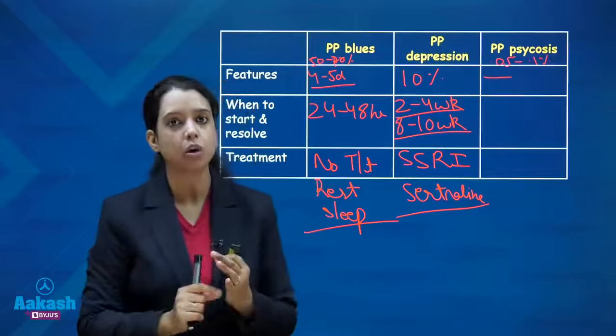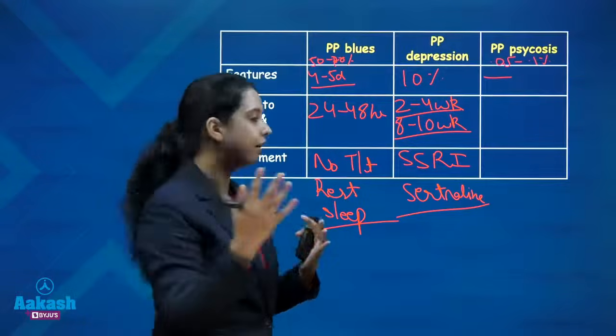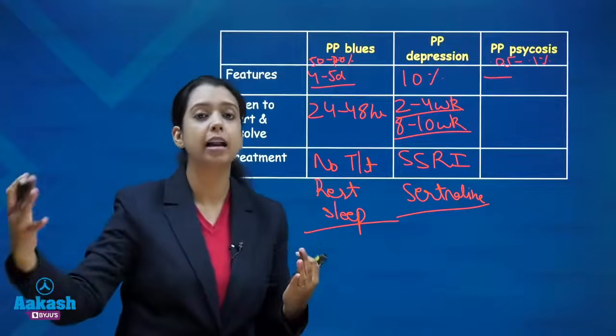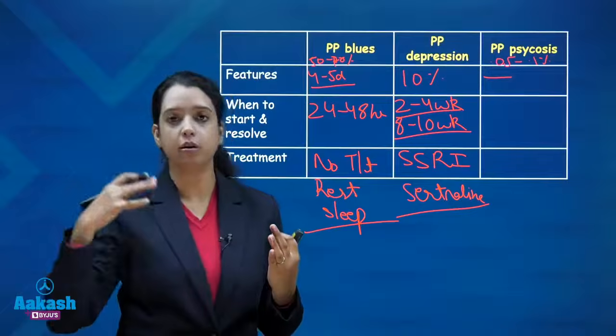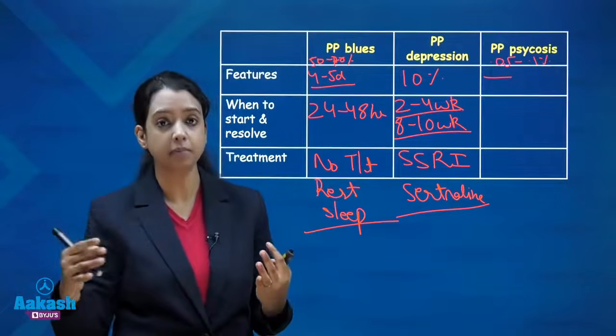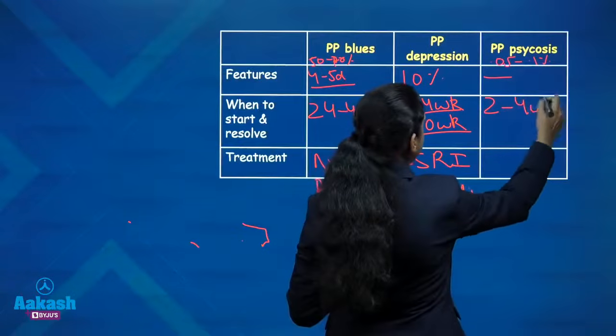You have to immediately admit such a patient, who will give you symptoms of depression and crying, and auditory or visual hallucinations or signs of mania. That is postpartum psychosis. It also presents at 2 to 4 weeks.